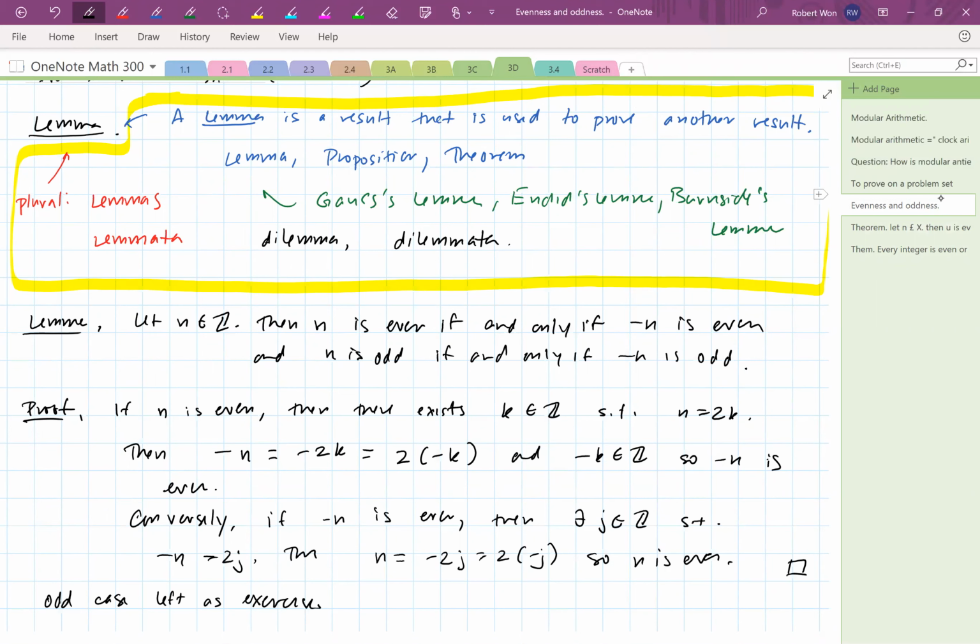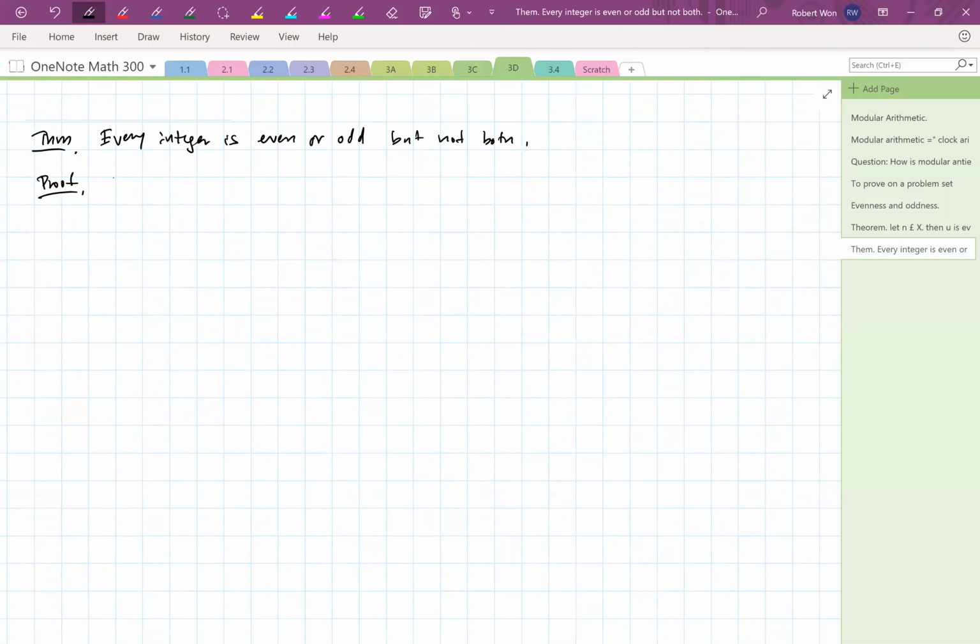And then you can also prove by hand that 0 is even but not odd. We can already prove that because we know that 1 is odd but not even. So this is a piecemeal proof. First we will prove the statement for the positive integers.